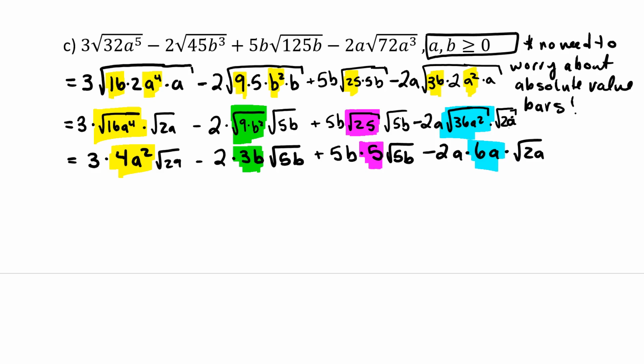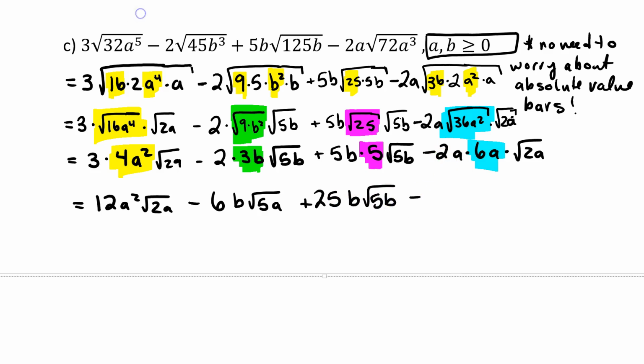Now, I'm going to say, okay, 3 times 4a squared root 2a is 12a squared root 2a, minus 6b root 5a, plus 25b root 5b, minus 2 times 6 is 12, a times a is a squared, root 2a.